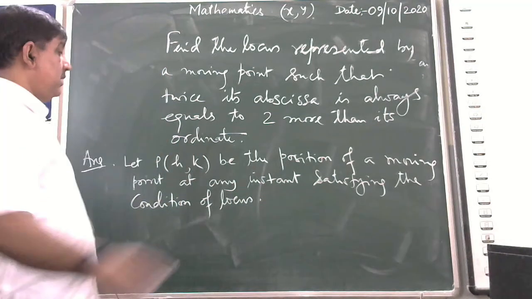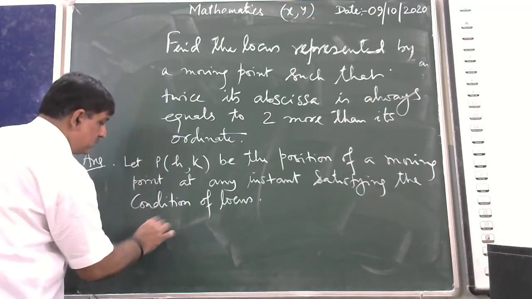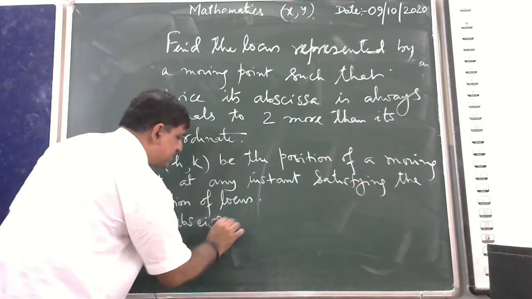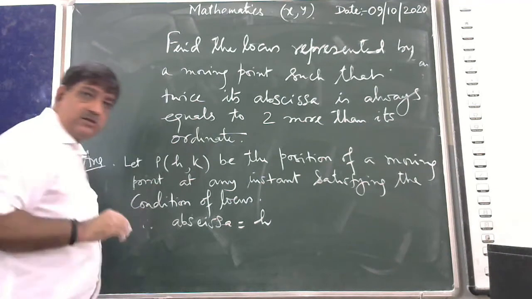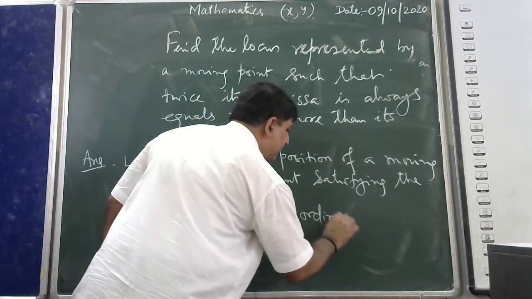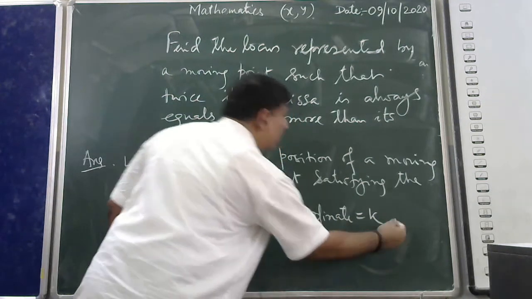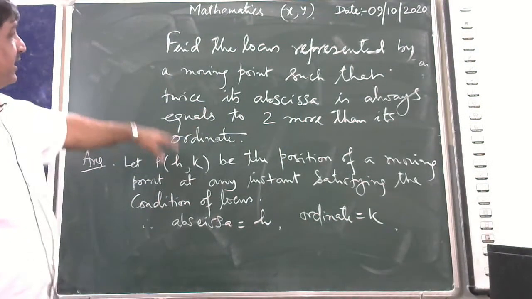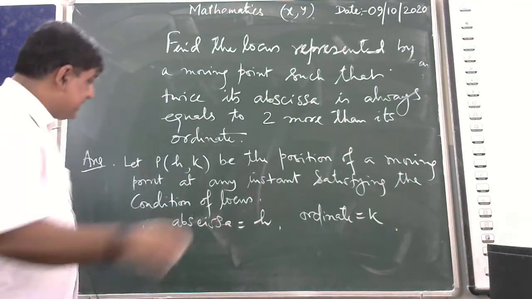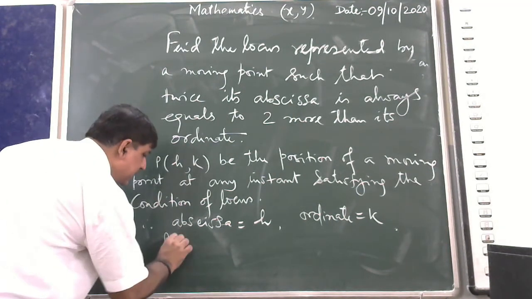Now, what about the abscissa of the point? It is h. What about the ordinate of the point? It is k. Now what is given? Twice its abscissa. That is by condition.